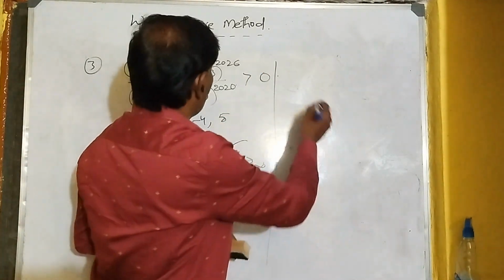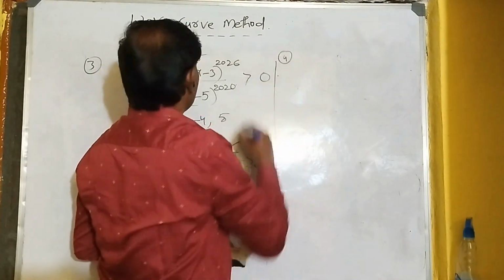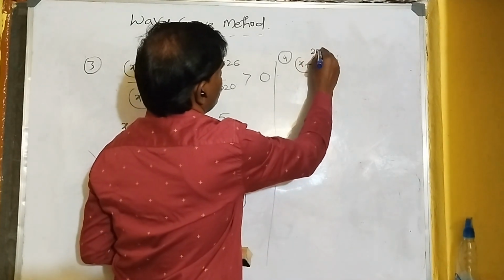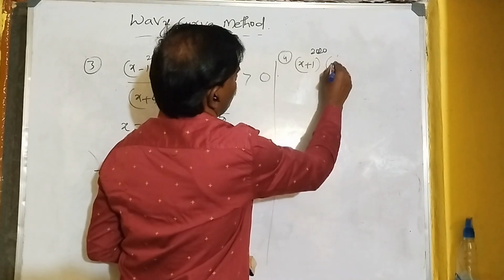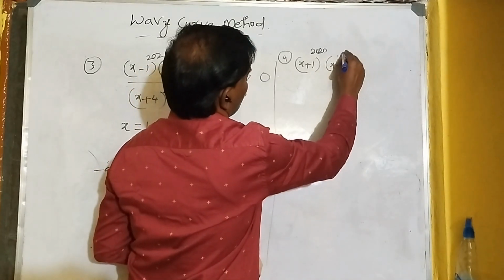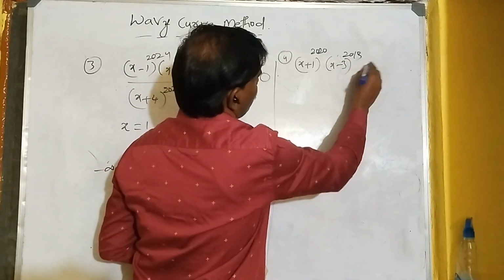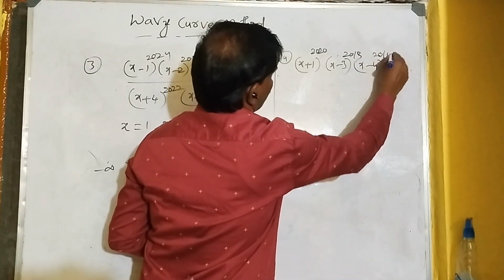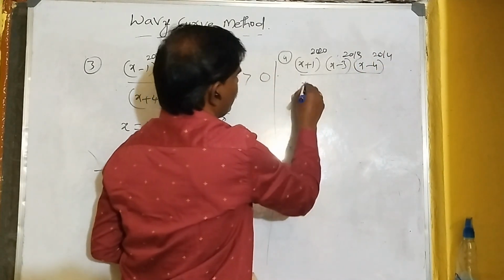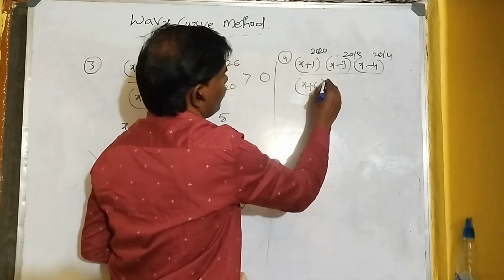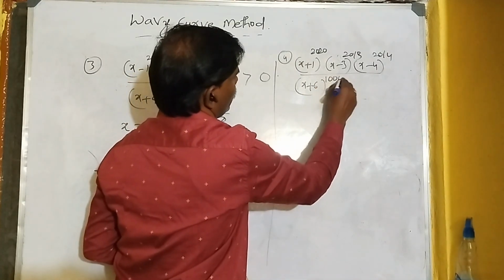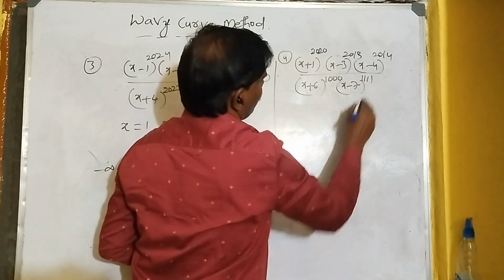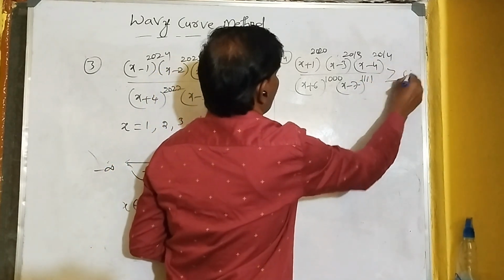Next, question number 4: (x plus 1) whole power 2020 into (x minus 3) whole power 2013, (x minus 4) whole power 2014 by (x plus 6) whole power 1000 and (x minus 7) whole power 1111, greater than or equal to 0.